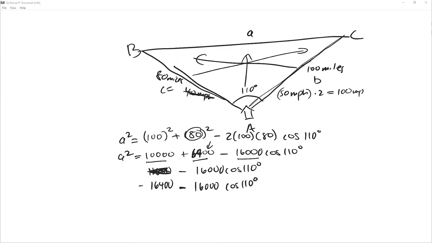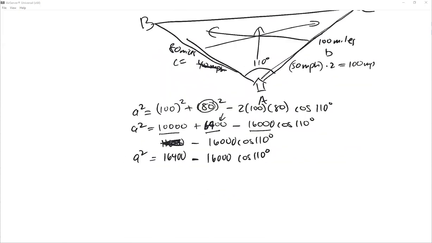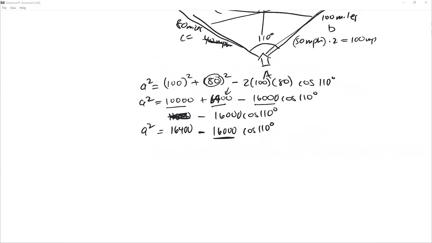So equals A squared. So we pretty much could just do this now. 16,000 cosine 110 is negative 5,472.3, so it's going to be a plus sign because it's negative.